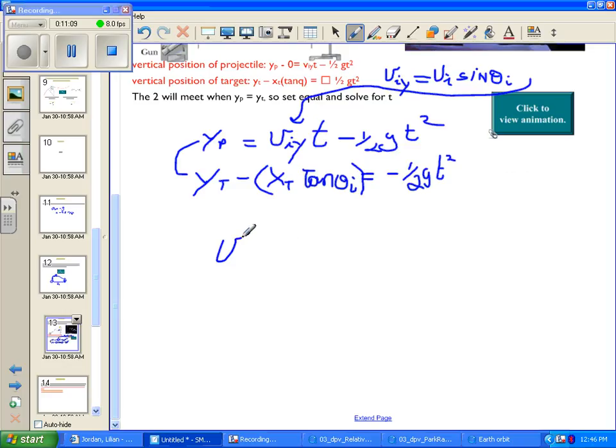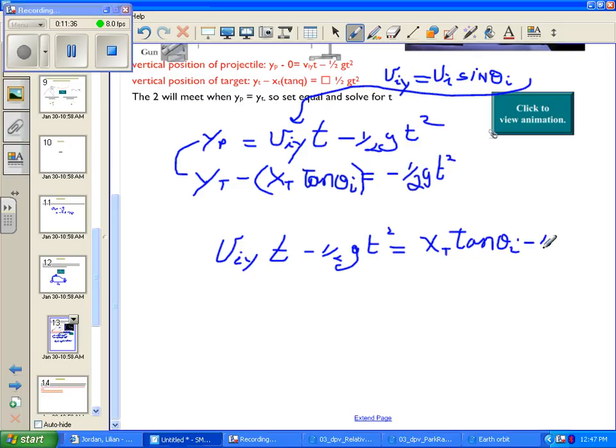And we're trying to figure out at what time that is going to be. So we say for the projectile, the initial yt minus 1/2 gt squared equals xt, because we're going to transfer this term to the right hand side, tangent of theta initial minus 1/2 gt squared. And you can see what is going to happen.